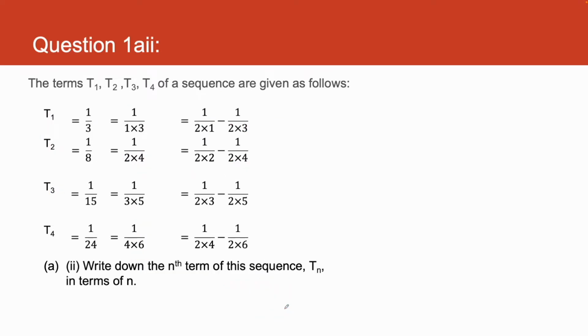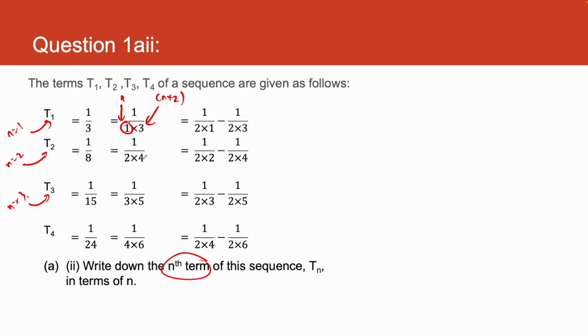Then in part 2, we are supposed to find the nth term. We did mention that n equals 1, n equals 2, n equals 3, and so on. Then we get the n here, and the second number is always 2 apart, so it's n plus 2. So this is what we analyze.